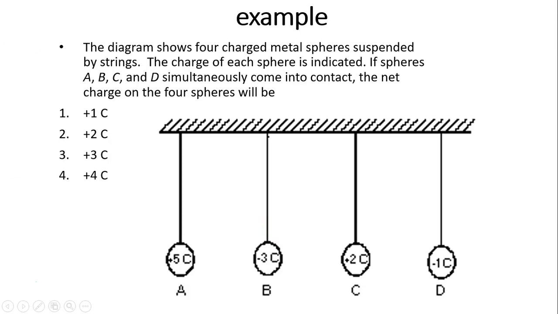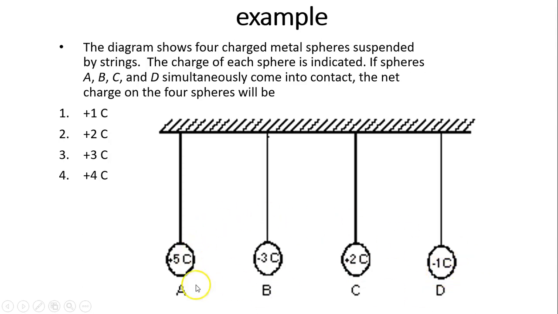Let's take a look at this example. The diagram shows four charged metal spheres suspended by strings. The charge of each sphere is indicated. If spheres A, B, and C simultaneously come into contact, the net charge on the spheres will be... Before, we have +5, -3, +2, and -1.